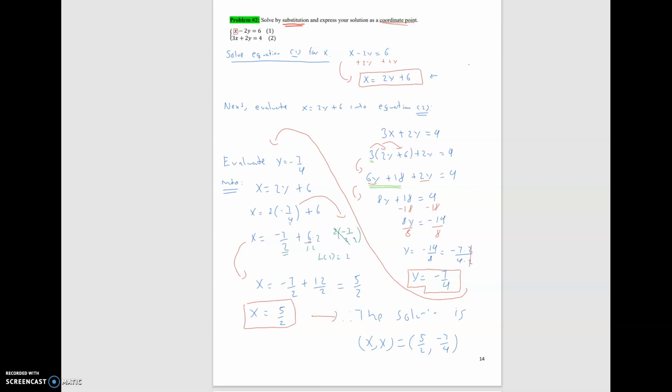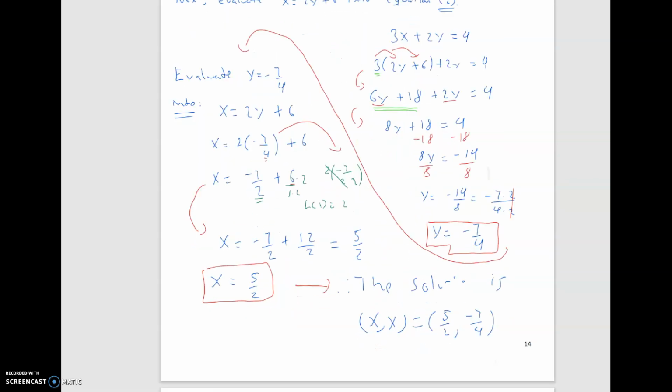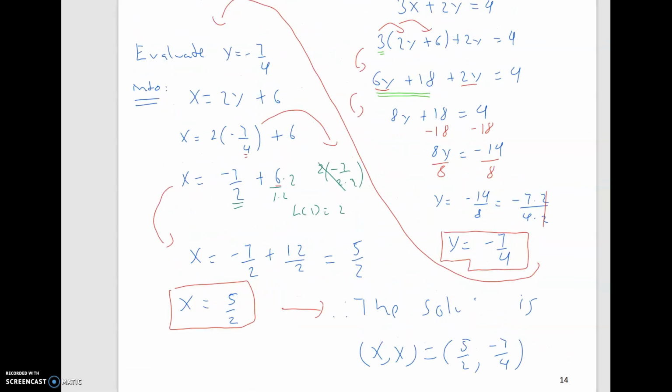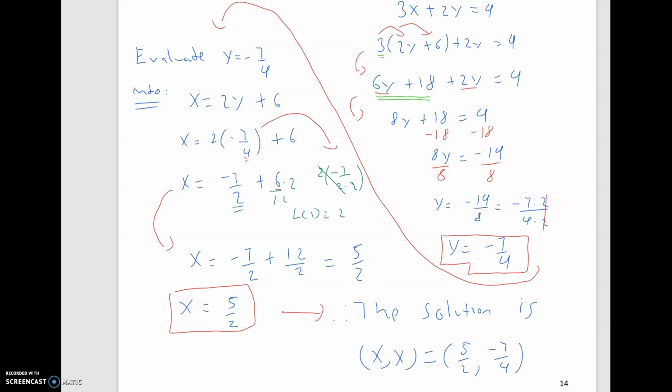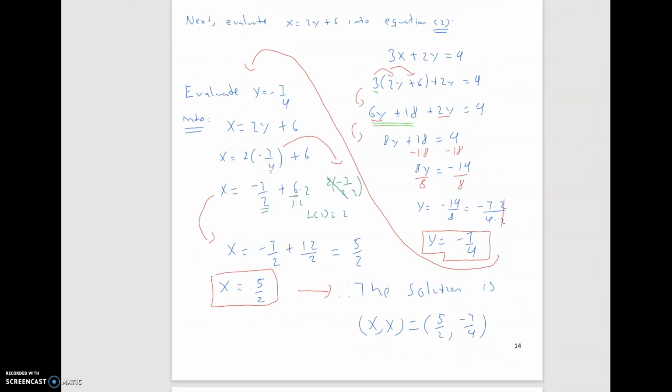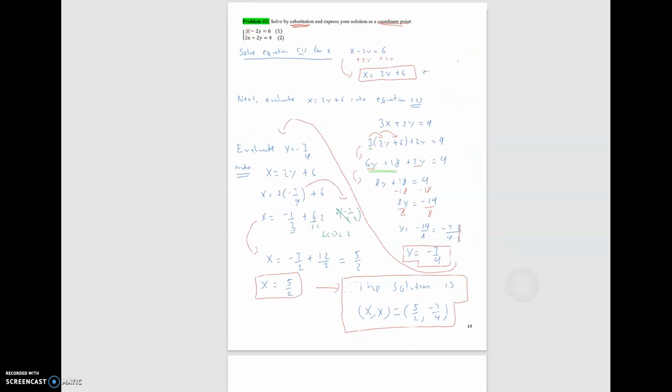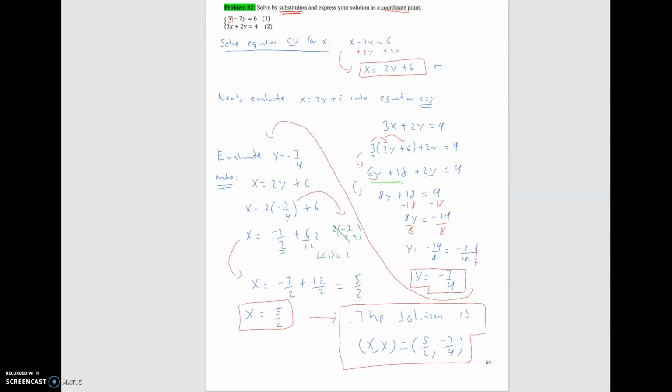Let me fix this portion. Okay, that's actually our final solution. Let me take another look. But I don't see any errors.